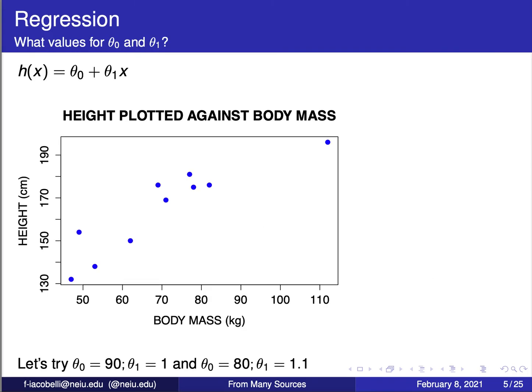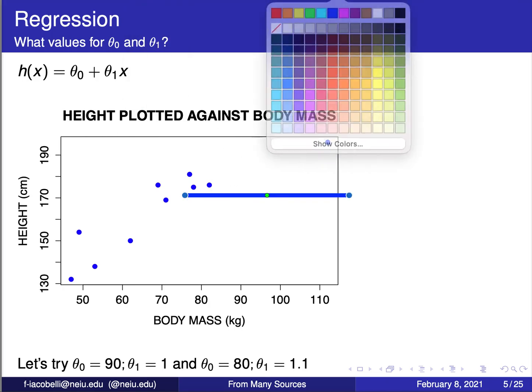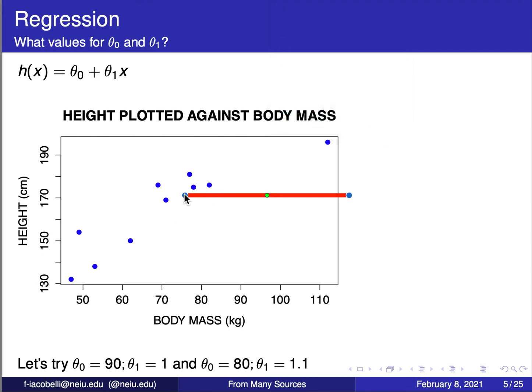All right, that is the idea of the linear regression. So again, let's go back to our points. Given our points, we want to find a theta 0 and a theta 1 that gives me a straight line that passes through the most points. So for example, here, if theta 0 is 90 and theta 1 is 1, we're going to have a straight line, I'm going to change the color of this, let's put it red, that goes through 50, 140, I believe, and 100, 90.